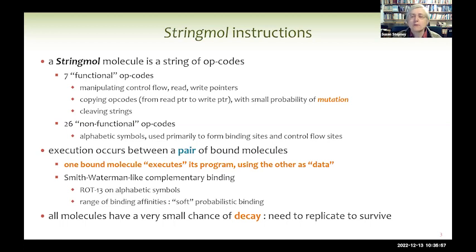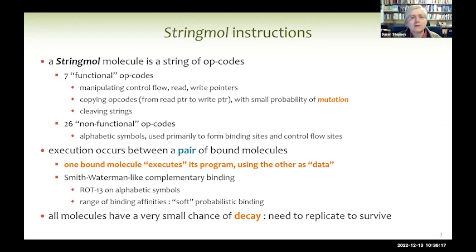What makes us able to do evolutionary experiments with this is that there is a small probability of mutation whenever the copy opcode executes. And it's purely that small probability of mutation that allows these strings to evolve.